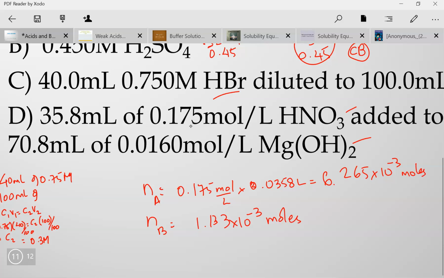And so all my base is the limiting reagent because I have the least moles, and I'm not doing this in a 1-to-1 ratio. You have to be careful because the balanced chemical equation will be HNO3 plus Mg(OH)2 gives us Mg(NO3)2 plus 2HOH.